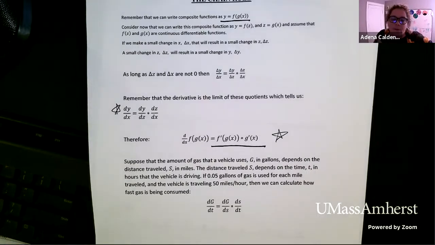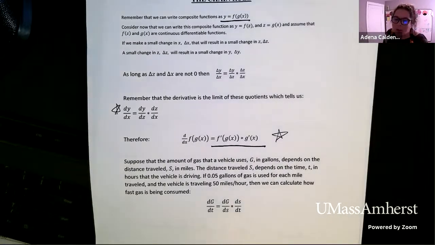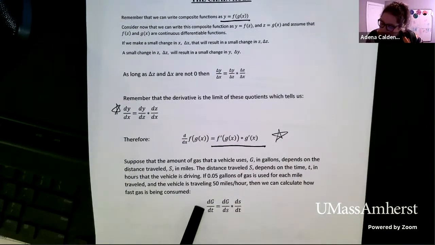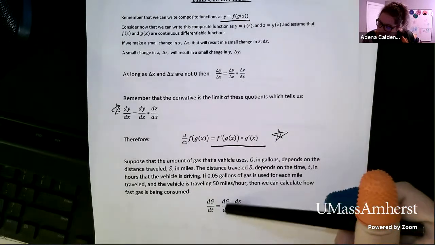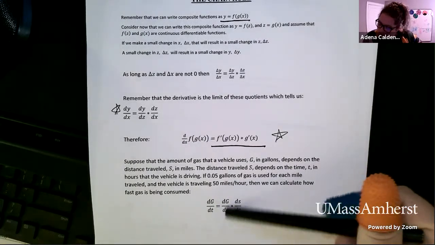So if 0.05 gallons of gas is used for each mile traveled, and the vehicle is traveling at 50 miles an hour, then we can calculate how fast gas is being consumed. If we know the rate at which gas is being used per mile, and we know how fast the car is traveling in miles per hour, then the way we figure out how much gas we're using over time is how quickly gas over distance is changing.